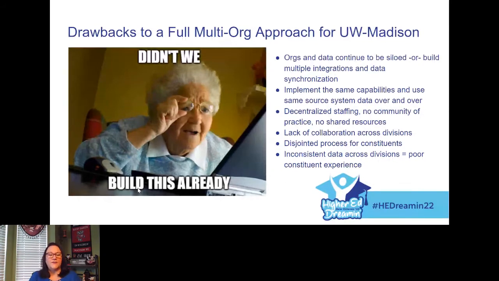We're not going to have the collaboration across divisions if people are still operating separately. And this could lead to a disjointed process for our constituents. And we're back to that inconsistent data, especially if we do not have these orgs integrated. That's a poor user experience, and we don't want that.